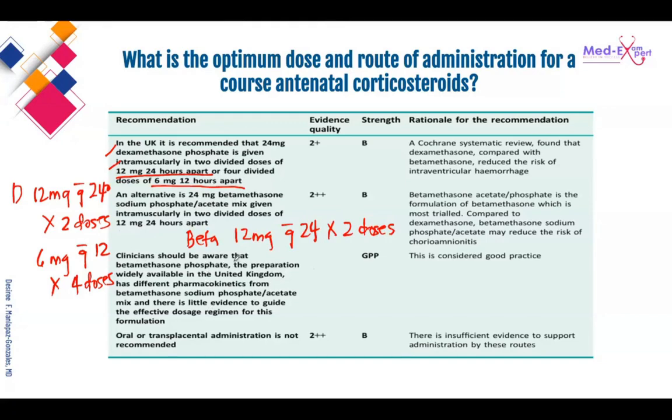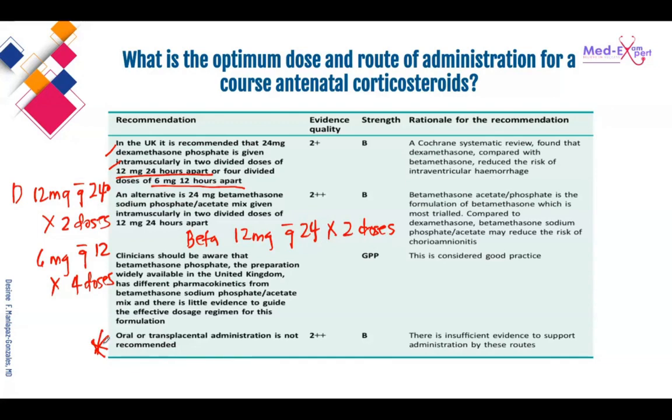So the preparation available in the UK is betamethasone phosphate, and it should be intramuscular. Oral or transplacental administration is not recommended. So remember, 12 milligrams every 24 hours times 2 doses.